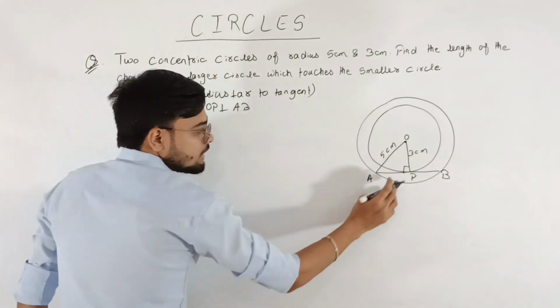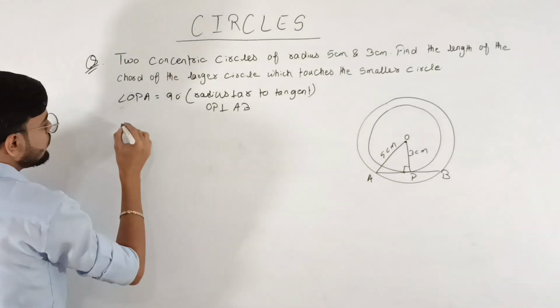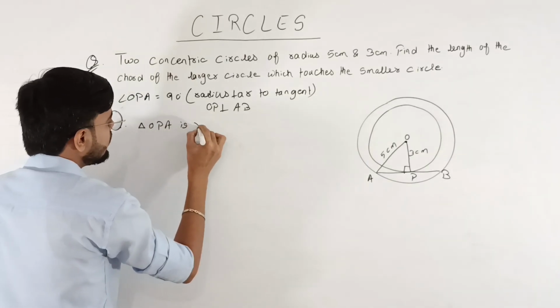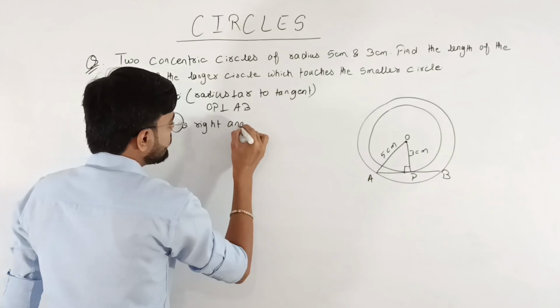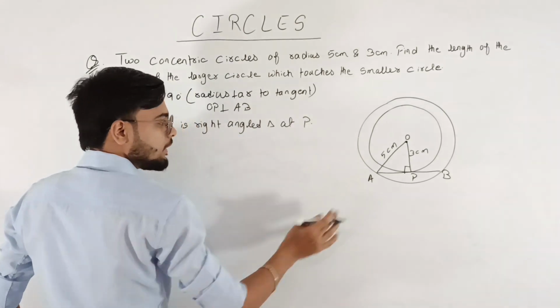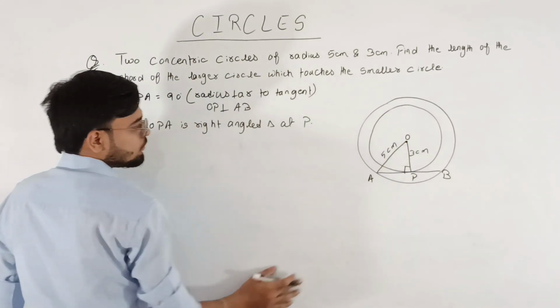Okay. Now this is 90 degree. So this triangle OPA is a right angle triangle. So therefore triangle OPA is right angle triangle at point P. Now this is right angle triangle, so OA is hypotenuse. Okay.